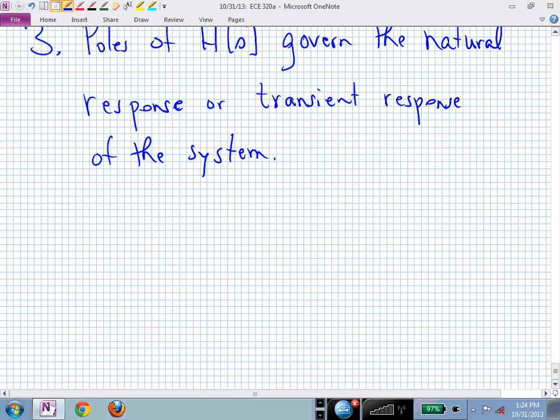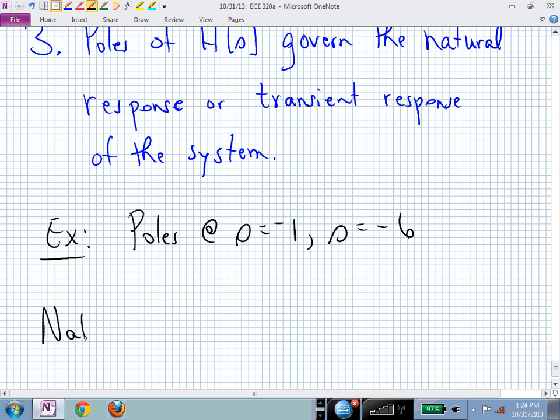For example, maybe I said the poles of a circuit that I'm going to give you are at s equals -1 and s equals -6. What's the structure of your natural response?